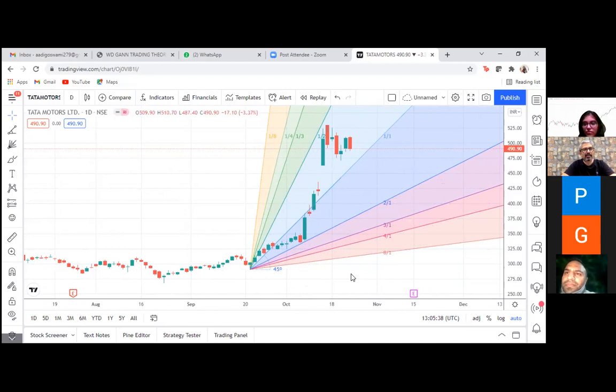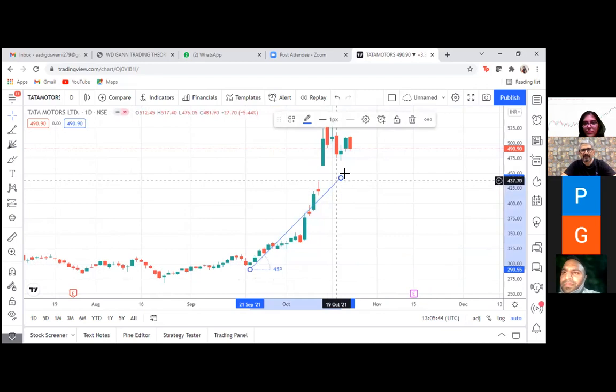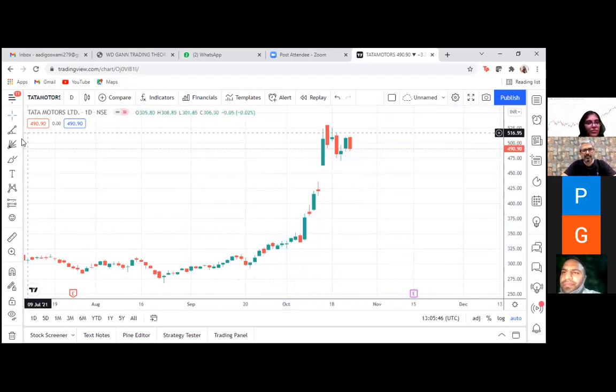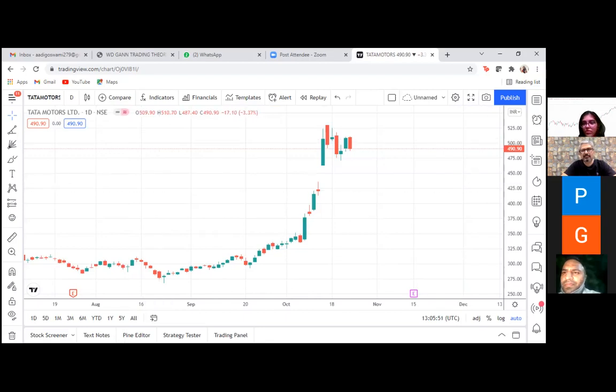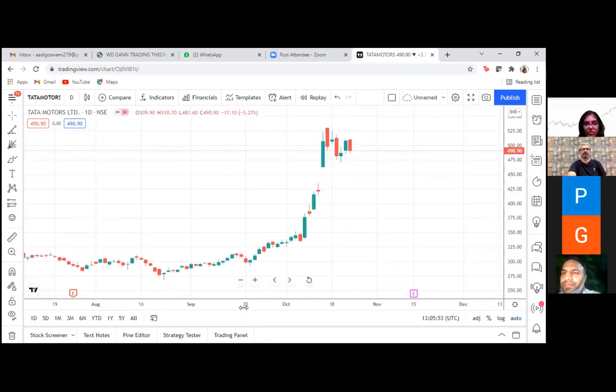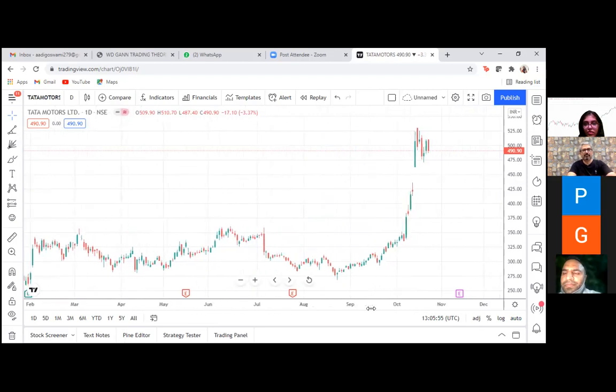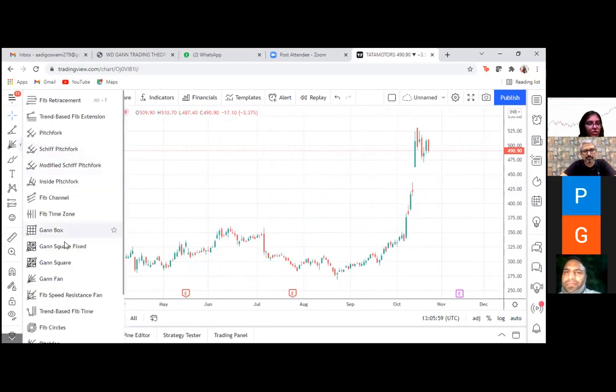Can we see the Gann box also, how to use it again? Yes. Maybe on a larger time. Yeah. Gann box.